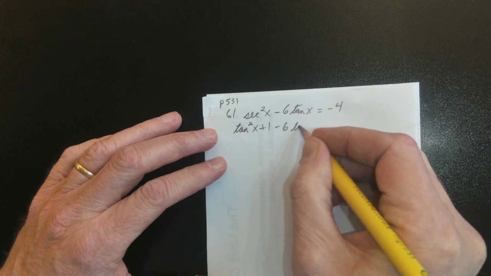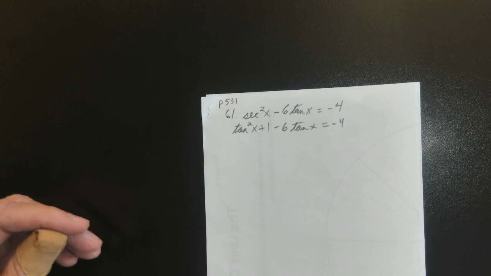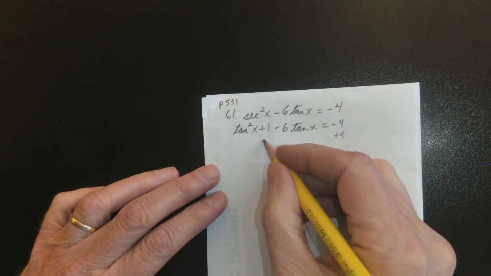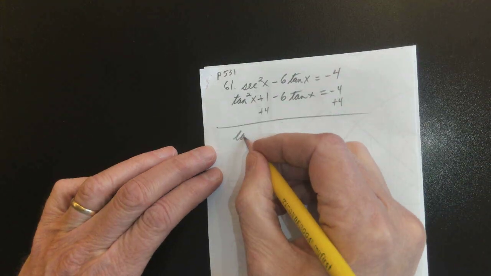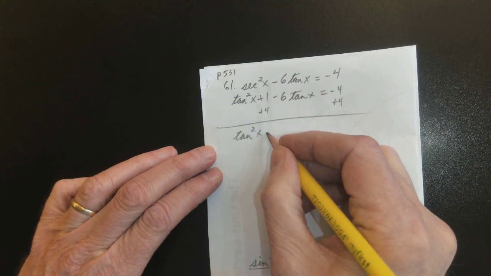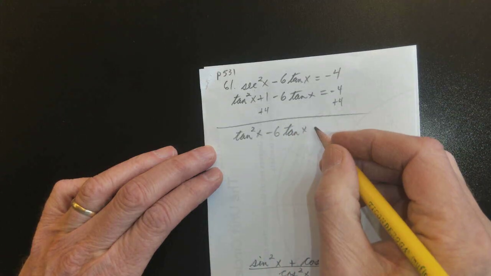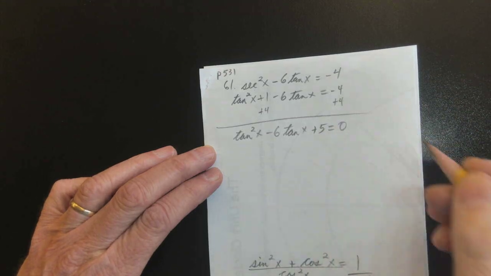Minus 6 tangent x equals negative 4. Next thing I think I'd do would add 4, so we have 0. And then write tangent squared x minus 6 tangent x plus 5 equals 0.